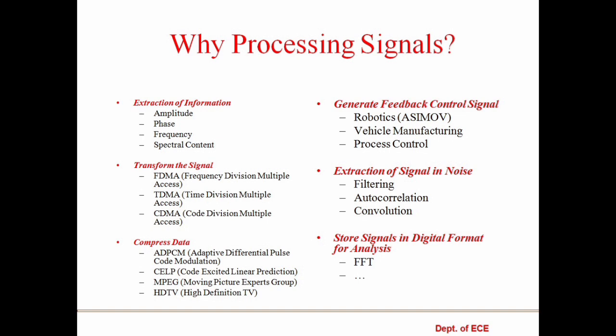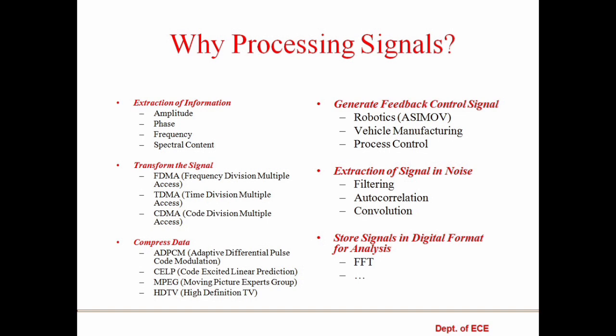Generally while processing signals, we have different methods like generating from feedback control signals, transforming the signals, extracting signals from noise sources, and compressing data and storing signals in a digital format for analysis. So under these six headings, we have different methodologies and different parameters.